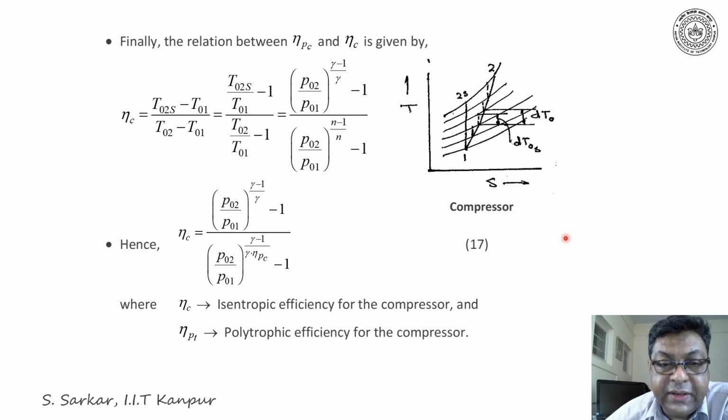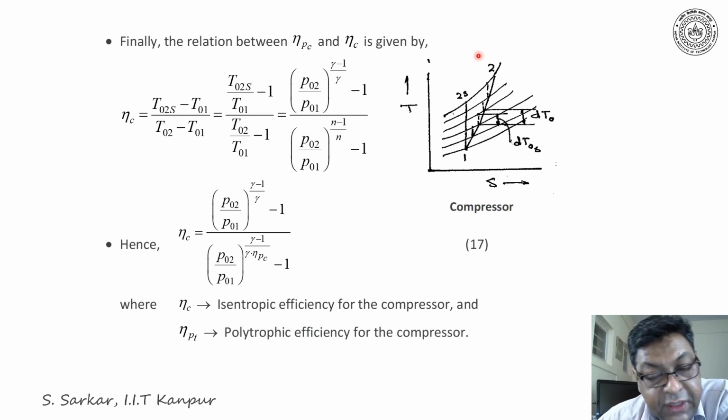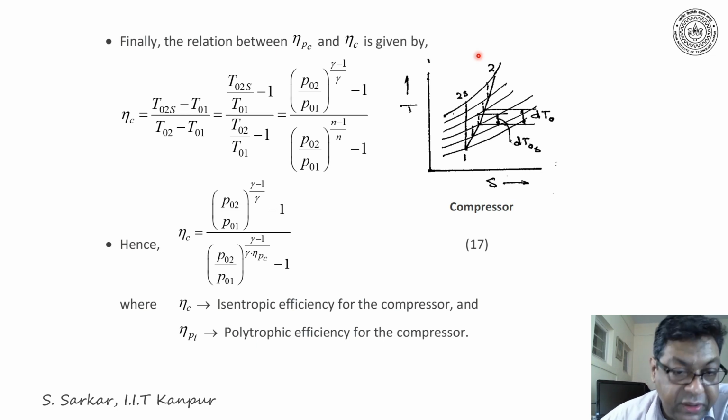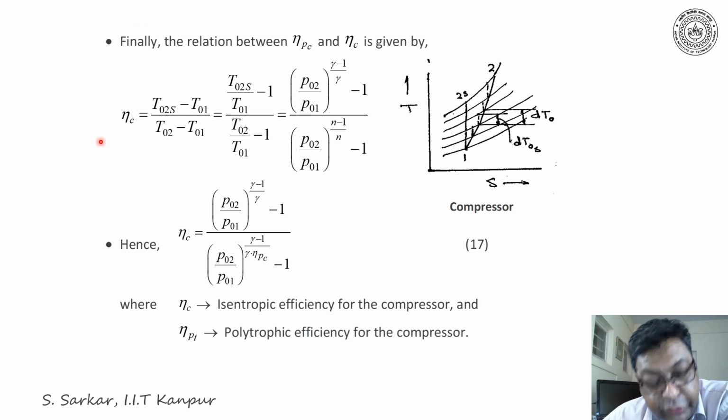After this discussion, I can relate eta Pc, that is polytropic efficiency, and eta C, that is the overall efficiency of the compressor. Let me continue to show how this can be related.